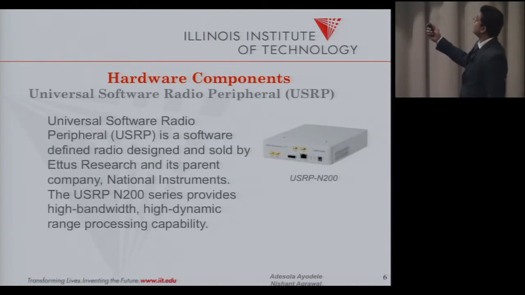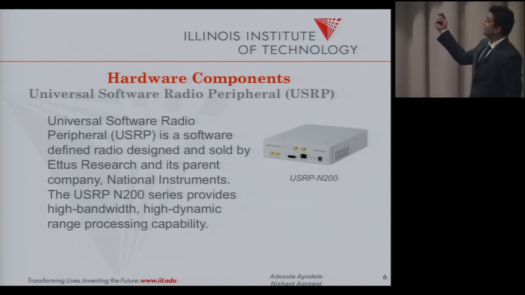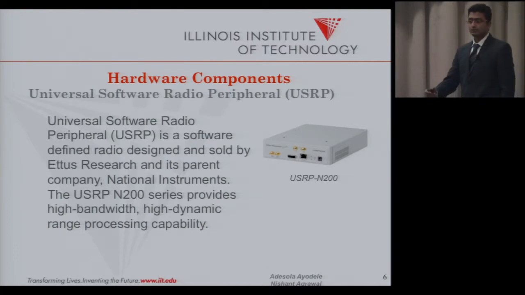So this is our USRP, Universal Software Radio Peripheral. It is series N200. It provides the radio signal to the mobile devices so that the call flows from one user agent to the other user agent through the OpenBTS and the Asterisk.